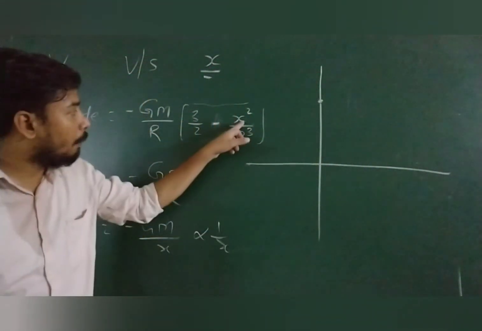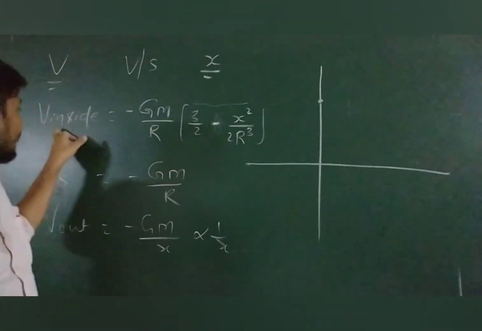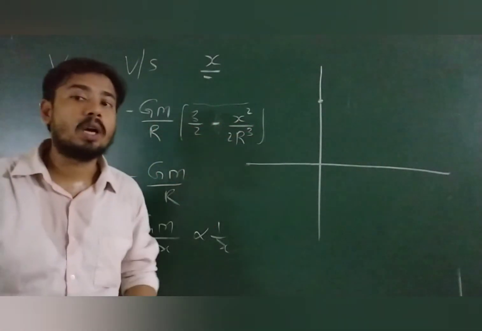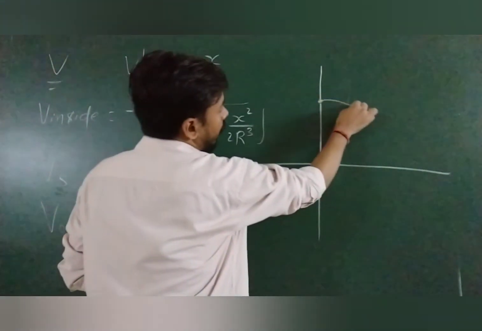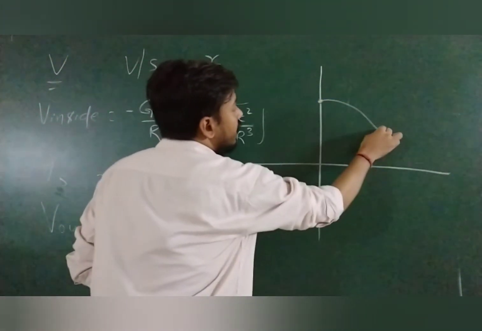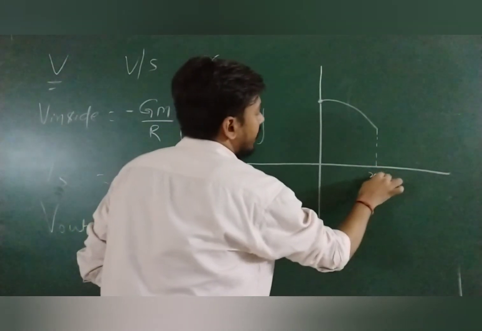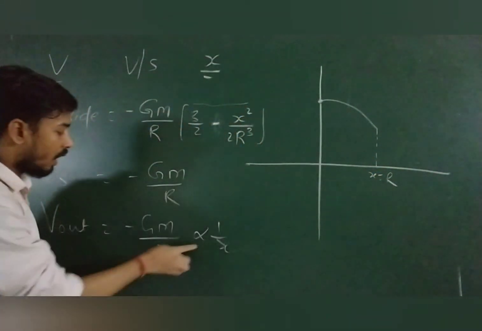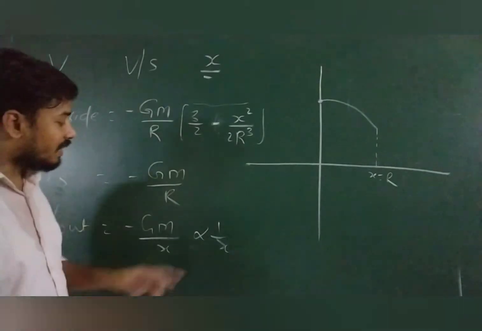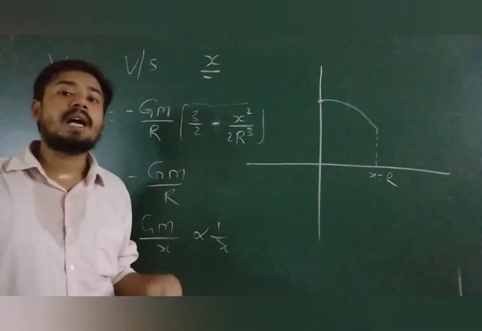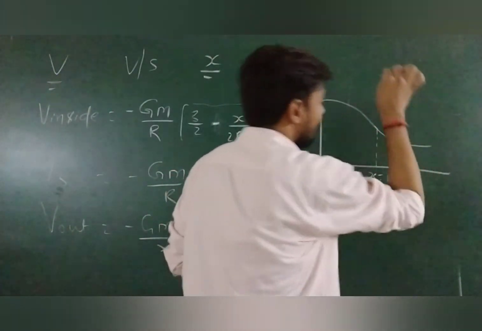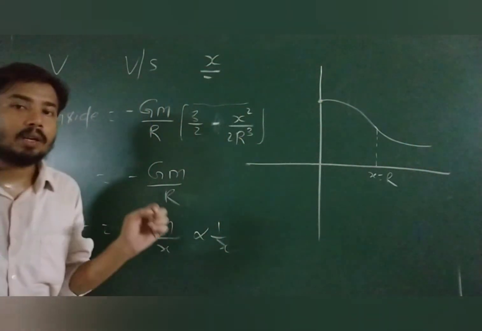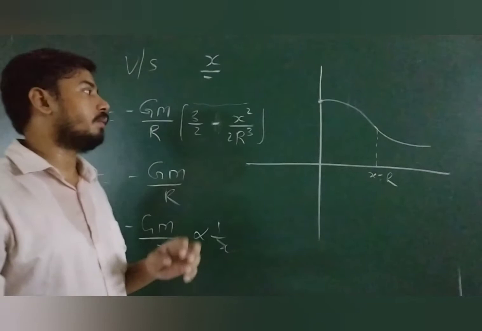Now on increasing x, this will decrease, but it will decrease like a parabola, up to the surface, where x is equal to R. After that, it is inversely proportional to x, so it becomes like a hyperbola. Very easy, you can remember this equation very easily.